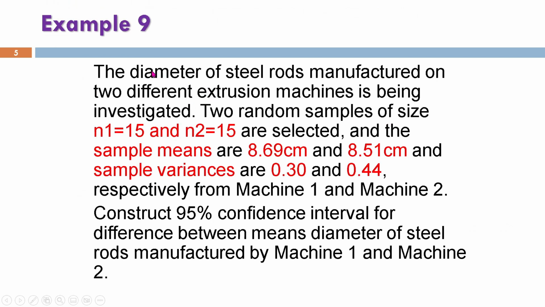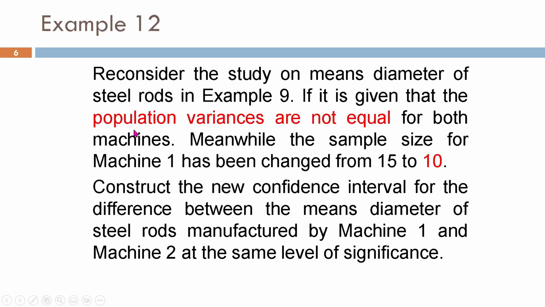This is example 9, where both sample size are equal, and both sample variance are not the same. So we use the first formula of the t distribution table. Now we are going to change n1 to 10.